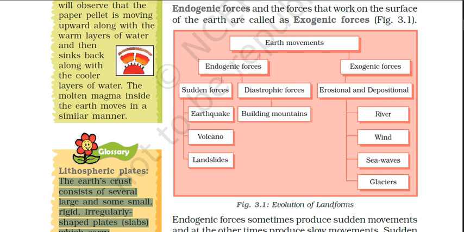Sudden forces: earthquakes, volcanoes, and landslides are examples of sudden forces, and building mountains is a diastrophic force. Erosional and depositional forces: river, wind, sea waves, and glaciers.